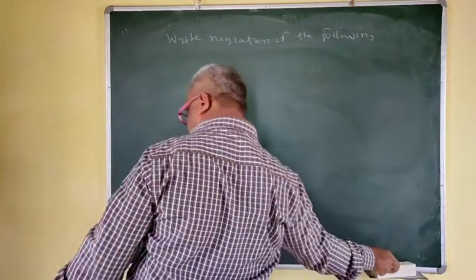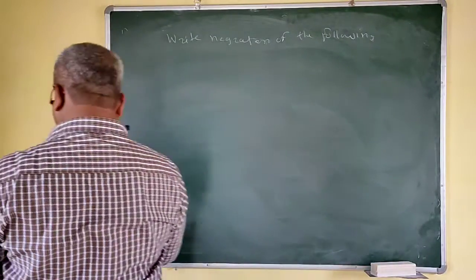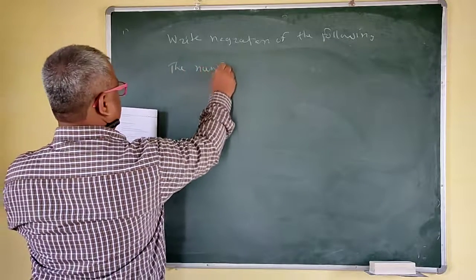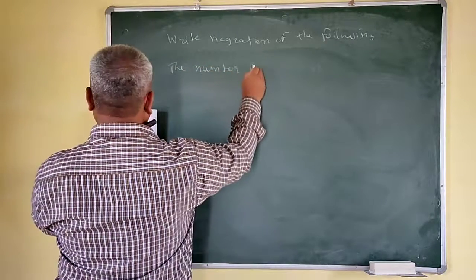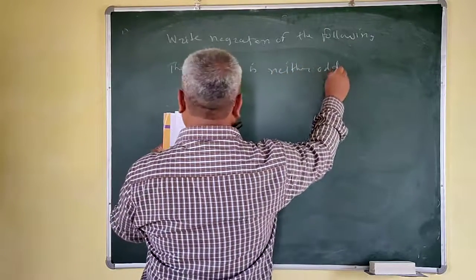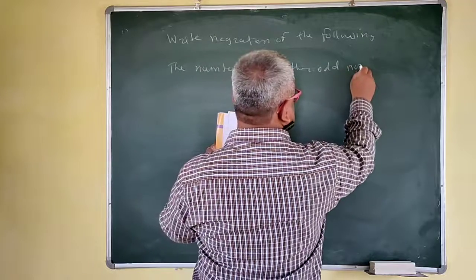Next: the number is neither odd nor perfect square.